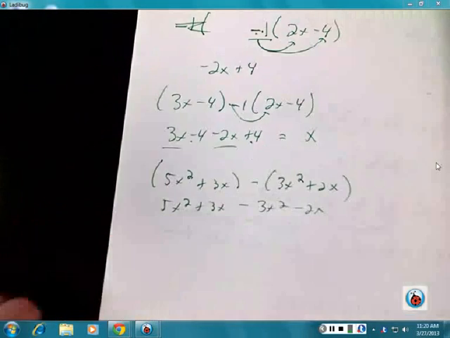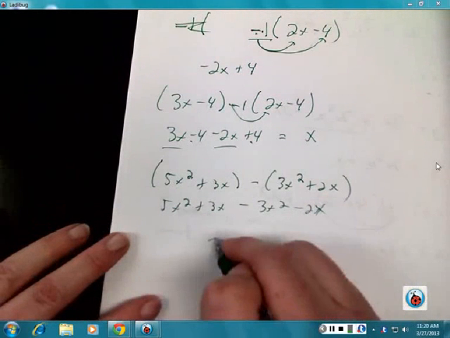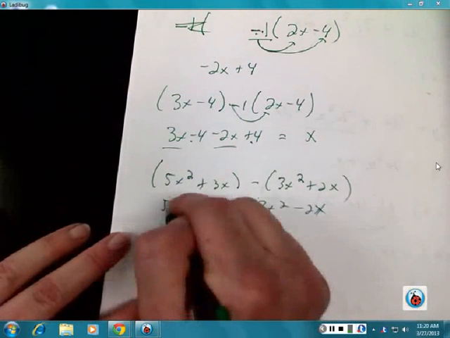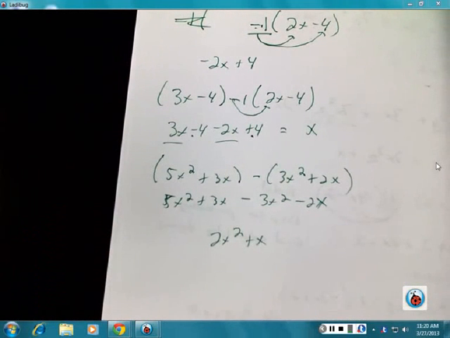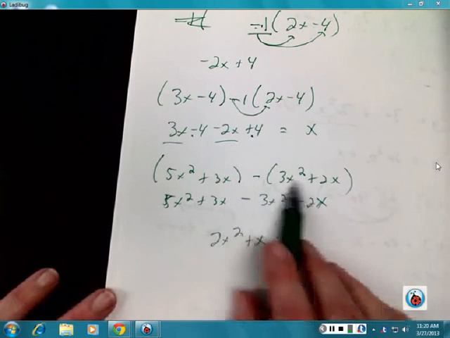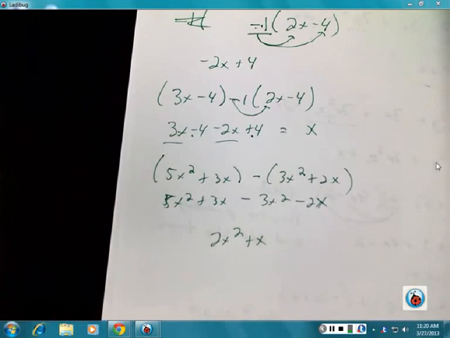Then you get 2x squared plus x. So 2x squared plus x is what we get out of that. So it's go through, change some signs in here, and kick out an answer. You get some combinations of stuff when you start changing your subtraction things.